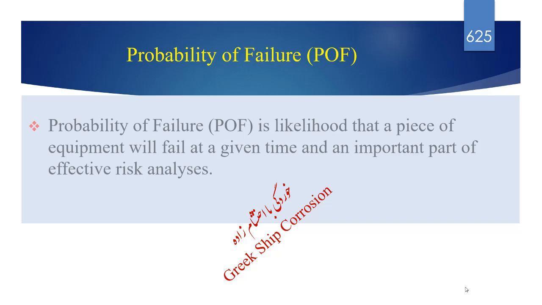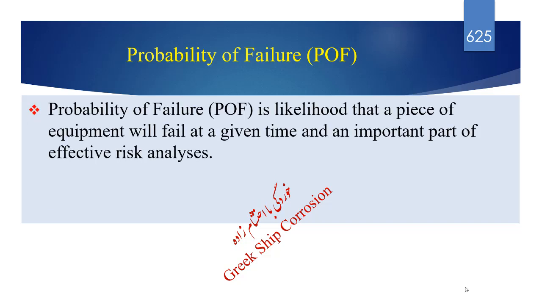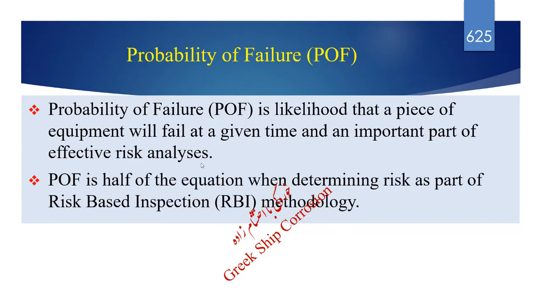Probability of failure. Probability of failure is the likelihood that a piece of equipment will fail at a given time and an important part of effective risk analysis. POF is half of the equation when determining risk as part of risk-based inspection methodology.